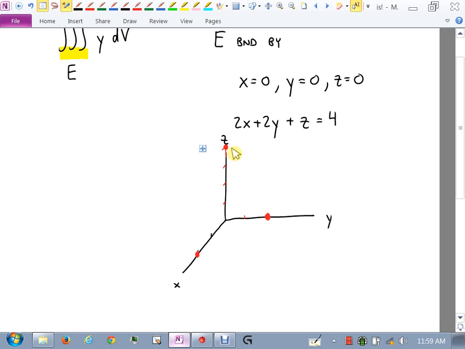So I know my plane passes through here, right? And so what I could do is connect these. And that region is actually a tetrahedron, isn't it? It's a tetrahedron. That's E.